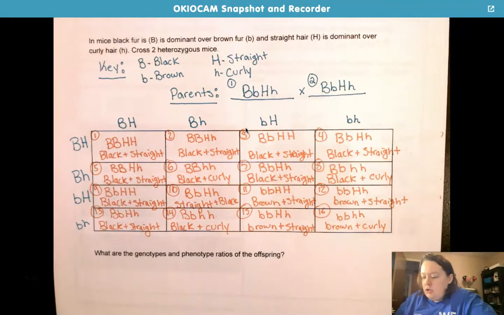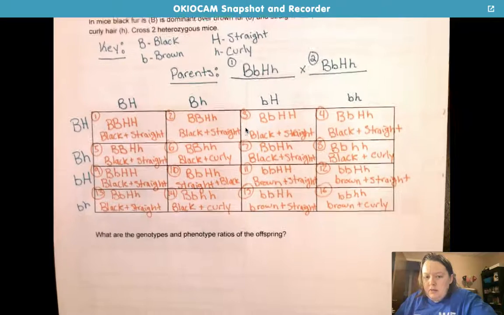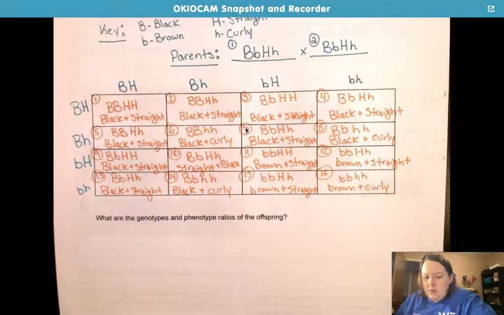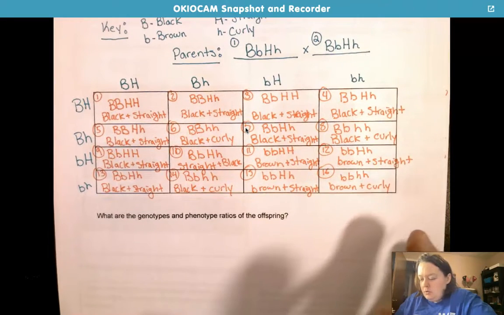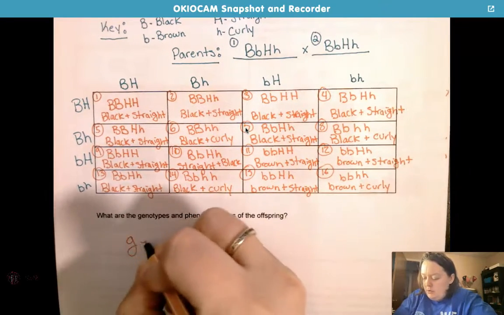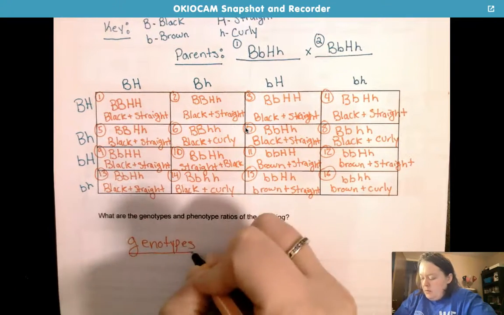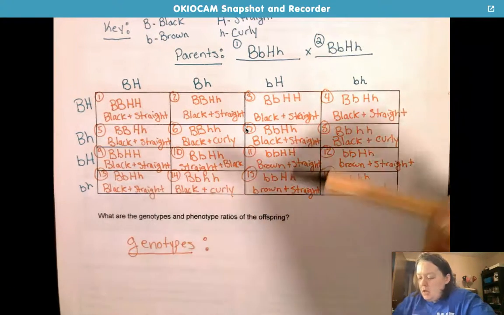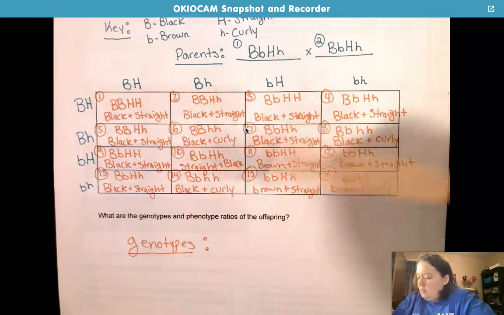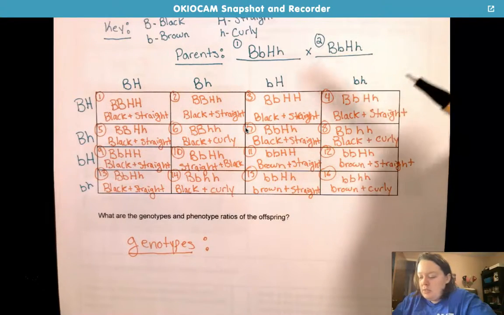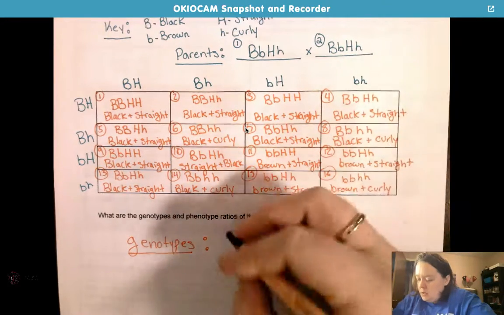Next, it asks for the genotypes and phenotypes of the offspring. So we're going to write, let's do genotypes first. For the genotypes, I recommend just going down the list and writing all the different combinations we see. Genotypes are letters.